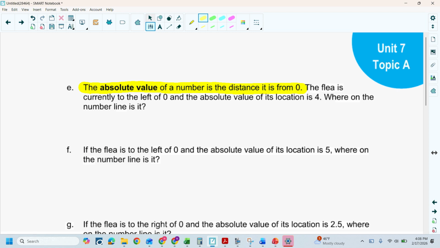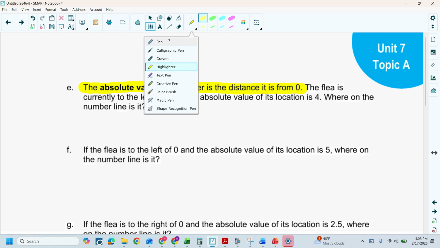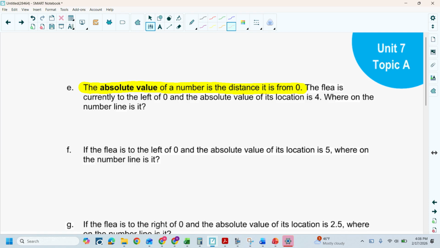So let's go with this. The flea is currently to the left of 0, and the absolute value of its location is 4. Where on the number line is it?